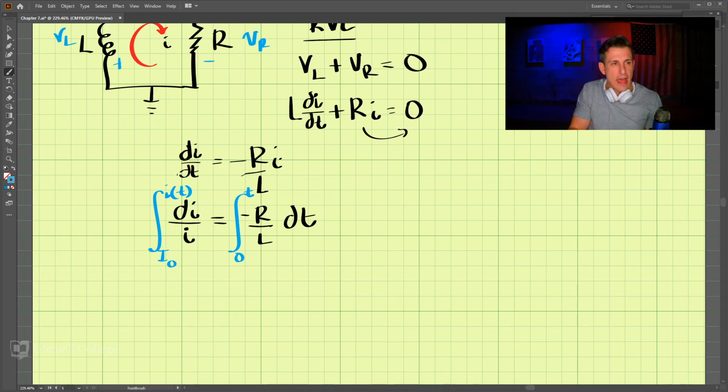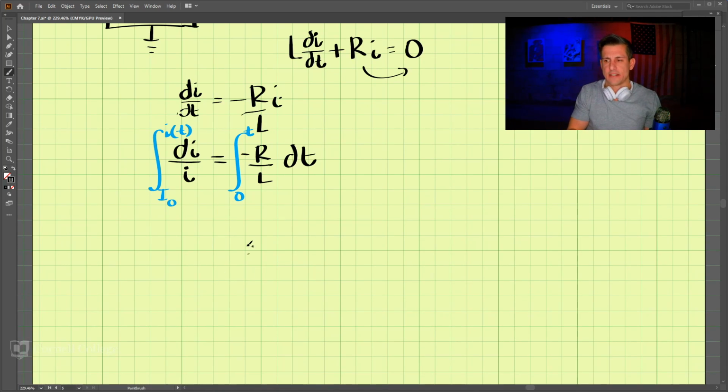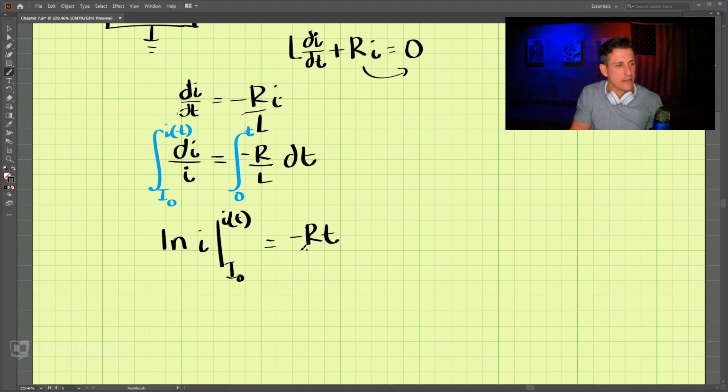And if we do that, on the left-hand side here, we get the natural log of I, and we need to evaluate that from I naught, the original current, to I. And on the right-hand side, that is equal to negative Rt divided by L, evaluated from 0 to t.